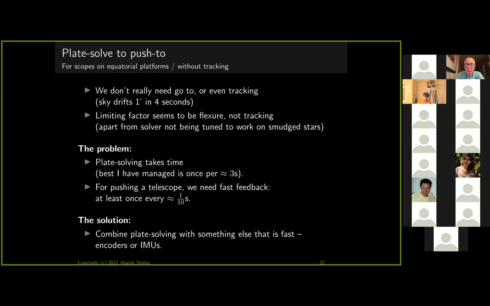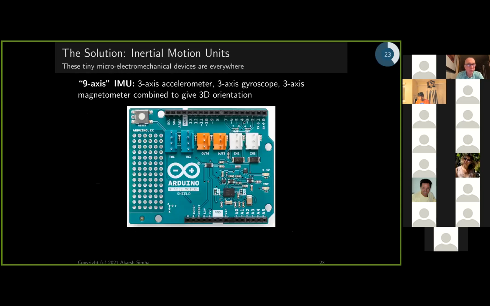So I went the IMU route. And what is an IMU? IMU stands for inertial motion units. These MEMS devices, microelectromechanical devices, these days they're everywhere. They're in your phones, they're in your cars. They're just pretty ubiquitous now.